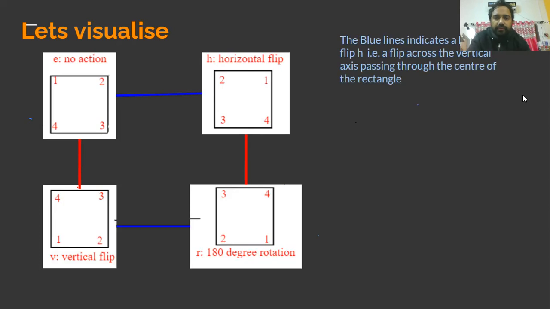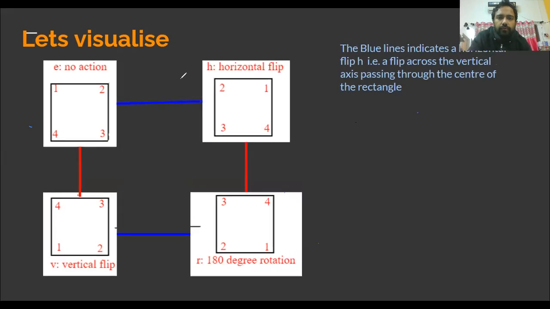The blue line, which means this line, represents a horizontal flip H. The red line represents a vertical flip.